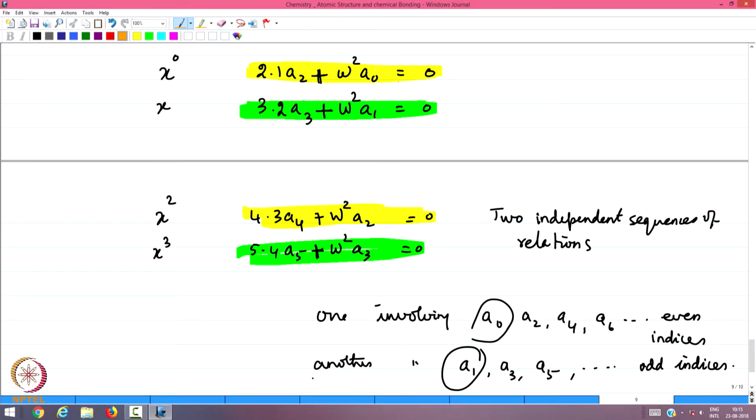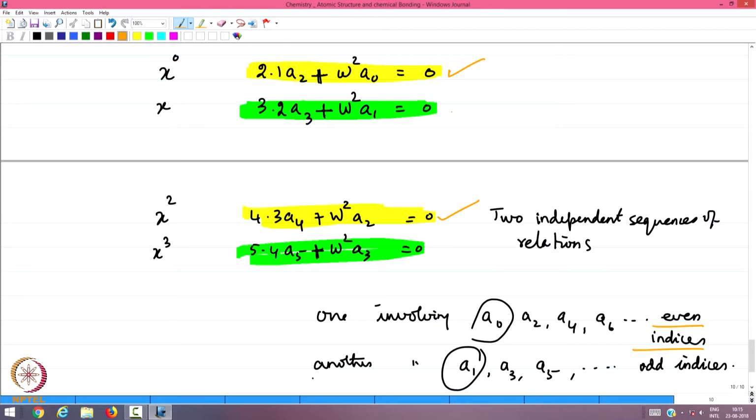So you see that there are two independent sequences of relations. One sequence involves a naught and then a2. The next, that sequence contains a2 to a4 and the things that I have not written down, a4 to a6, a6 to a8 and so on. So that involves only the even indices.